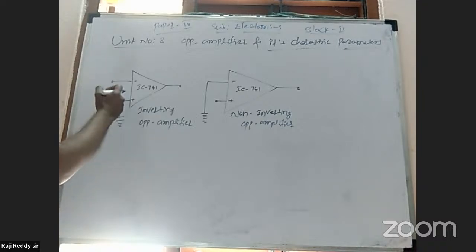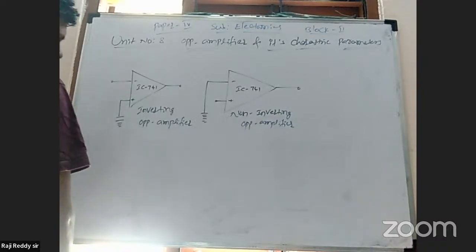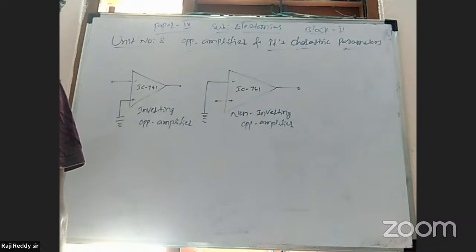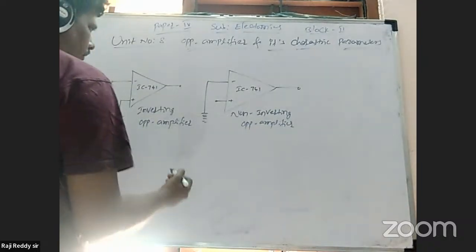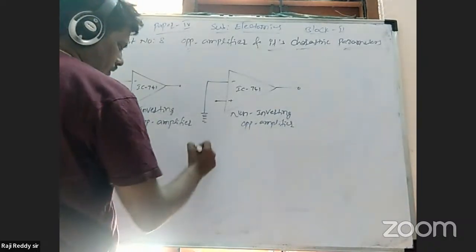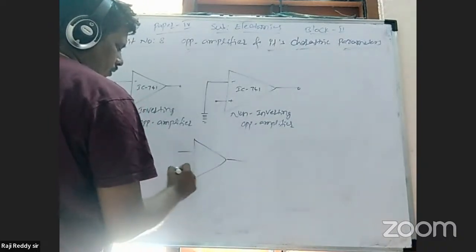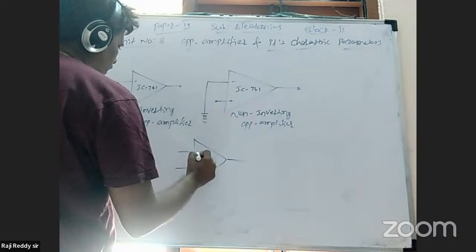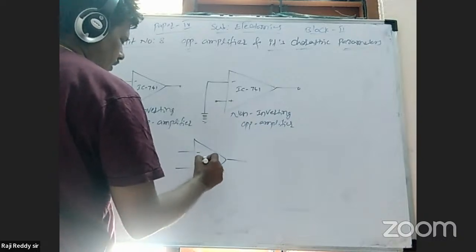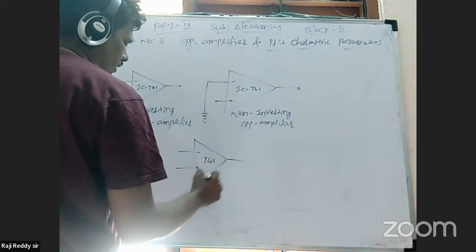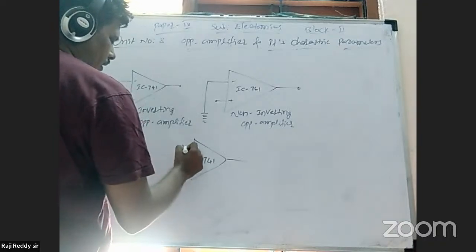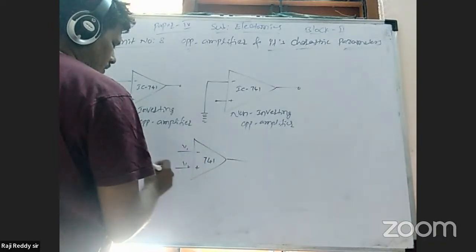If this input is one, you can call it V1, otherwise V2. Simply, the operational amplifier circuit diagram has two input terminals, one positive and one negative. This is the 741 IC number. One is V1, the other is V2.